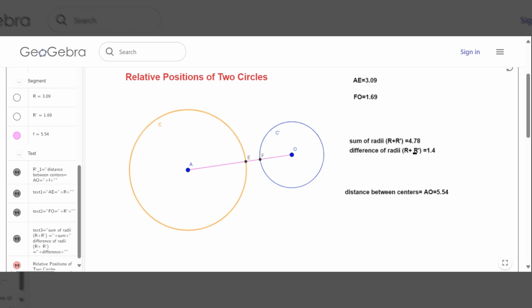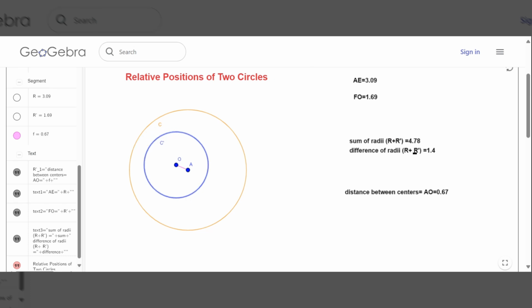These two circles could be far away apart, externally disjoint. Look, if you put this one inside, they are internally disjoint. Disjoint means they are not touching each other, no common points.